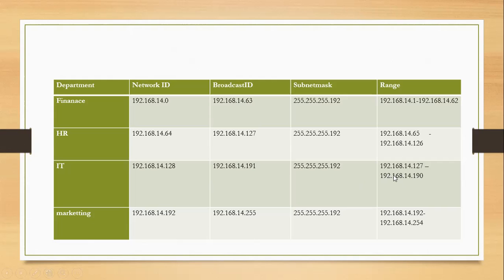For the IT department, we start from 129 to 190.